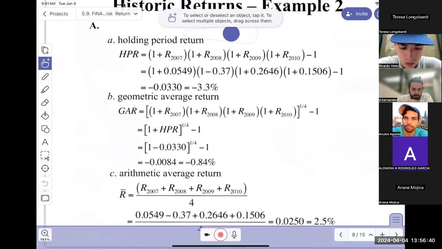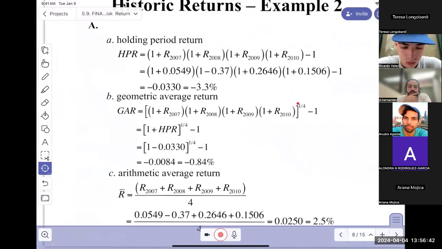The average return uses a fraction in the exponent to partition it into parts: 1/4, and then minus off the 1, and I get this result. Let's do that on the calculator.